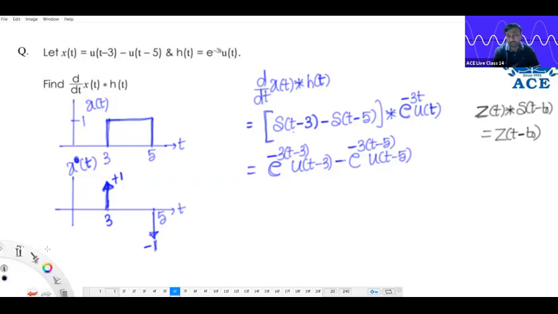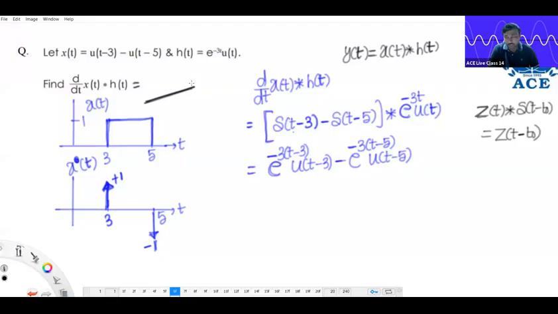But here the point to be observed is, we know output is the convolution of input and system. y of t is x of t convolved with h of t. Then what is the meaning of d by dt of x of t convolved with h of t in terms of output?